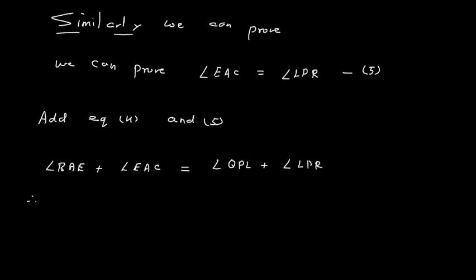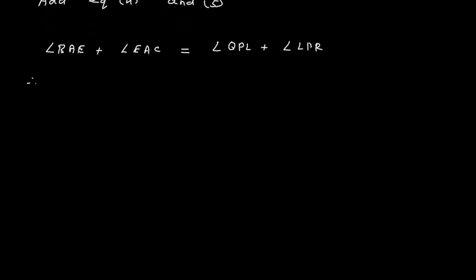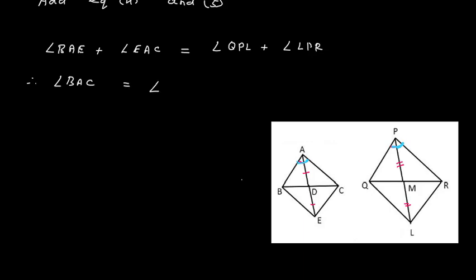Now see, if you look at this angle, let us draw this triangle here again for simplicity. This angle BAE plus EAC is equal to BAC. Therefore angle BAC is equal to angle QPR. You consider this equation number 6.